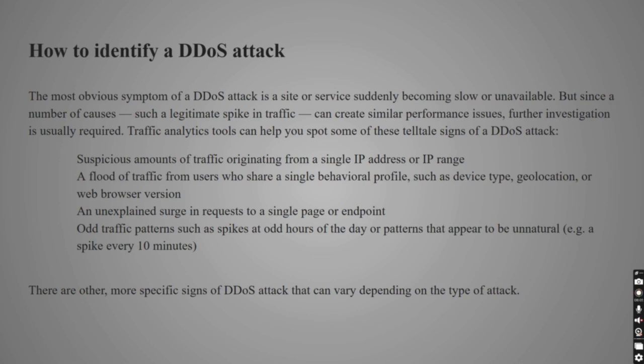For example, imagine an online shopping website running a big sale. Normally, during festive seasons, the website experiences a huge traffic spike, which is expected. However, if suddenly the website becomes extremely slow or crashes, and analytics show that most requests are coming from a single location, same device type, or one IP range, this could indicate a DDoS attack rather than real customers.